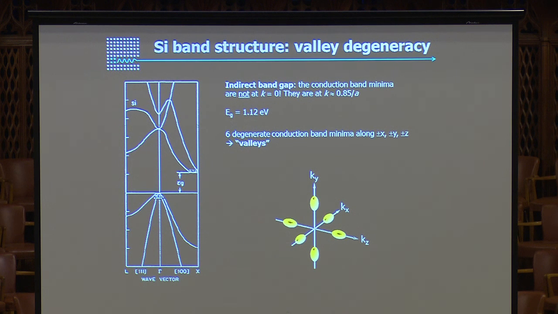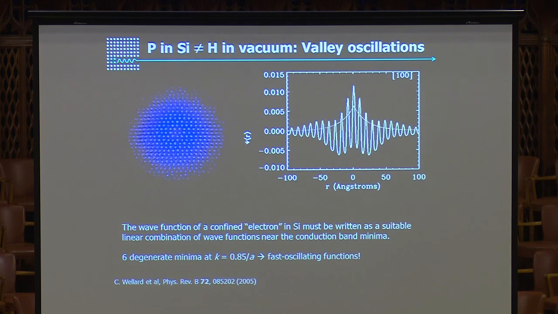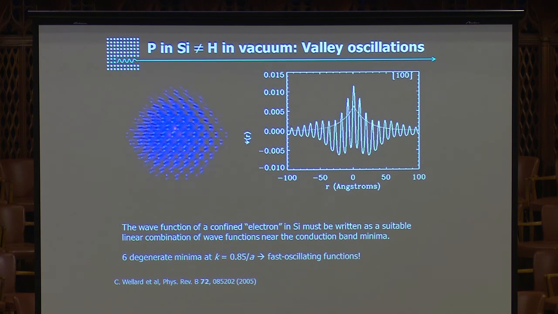So in fact, when you bind an electron in silicon, the ground wave function, well, any wave function, needs to be built out of linear combinations of these 6 conduction band minima called valleys in x, y, and z. So in fact, the 1s ground orbital wave function of an electron bound to a phosphorus donor in silicon doesn't look like the 1s wave function of a hydrogen atom.